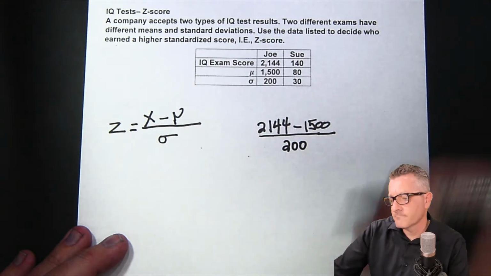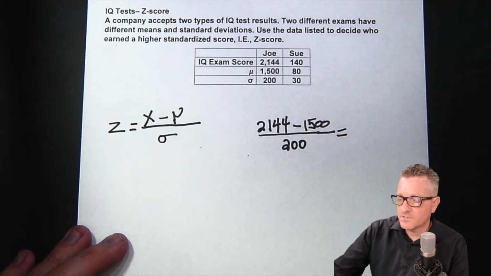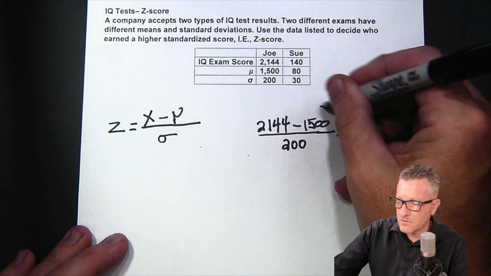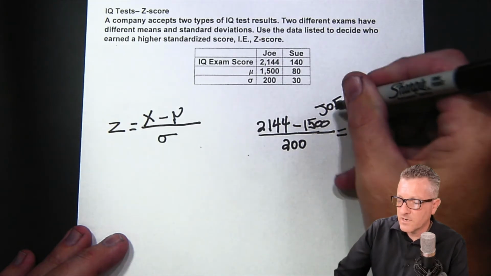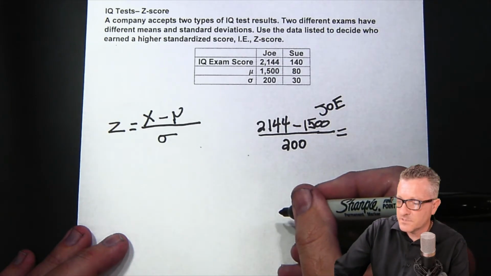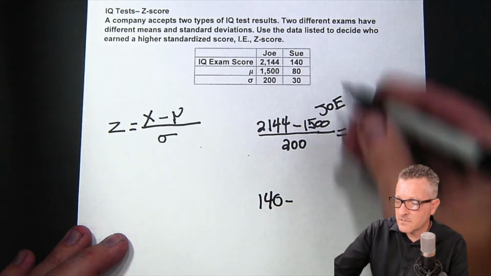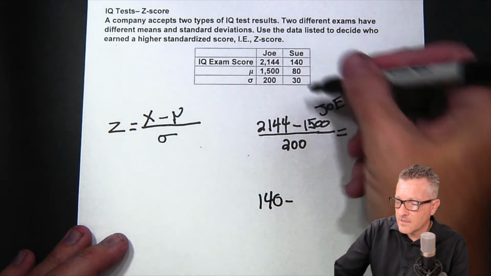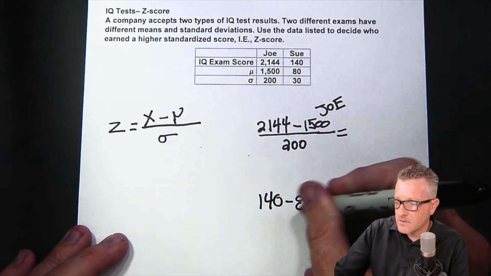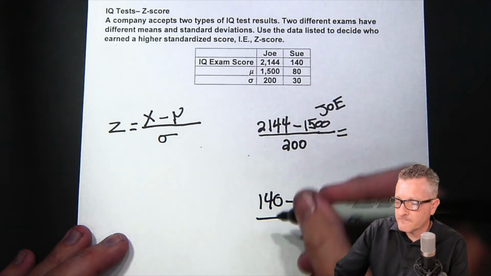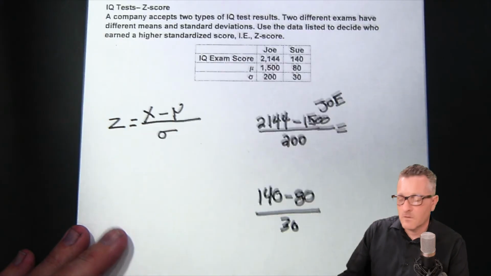Okay. Well, let's write out Sue's next before we do the calculation. So this is Joe. Now let's write down Sue's. So Sue's is 140. Subtract 80, and then over a standard deviation of 30. Okay, and this is Sue.